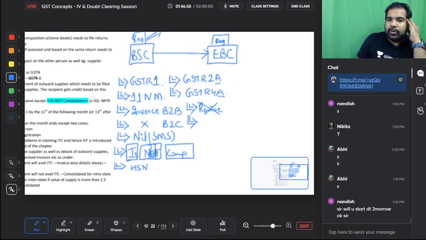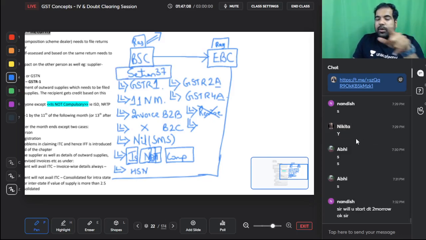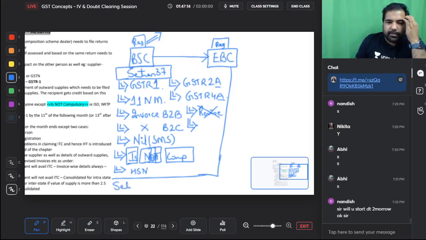Guys, this is GSTR1. Now, going to the next GSTR. This is, by the way, section 37. How do I remember? 3 plus 7 is 10, 1 plus 0 is 1, that is GSTR1. Next is section 38, but that has not been activated as of now, that is GSTR2. That is basically on your inward supplies.